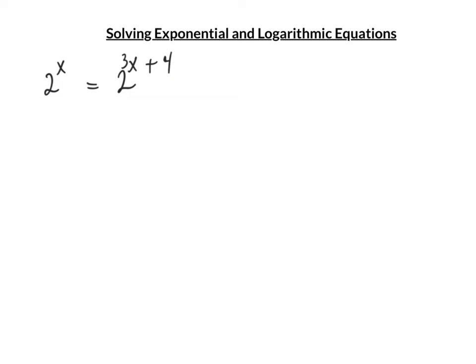When you solve an exponential equation like 2 to the x equals 2 to the 3x plus 4, it turns out to be fairly simple, as long as the bases are the same. That's the important thing. If you weren't paying attention, you could take the log of both sides. That works when you solve an exponential equation.